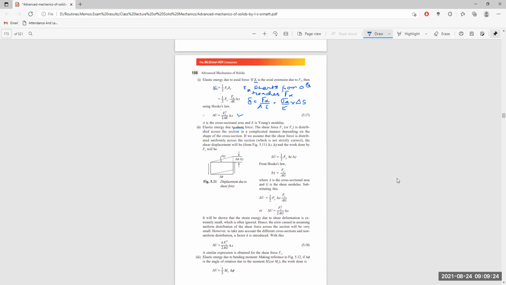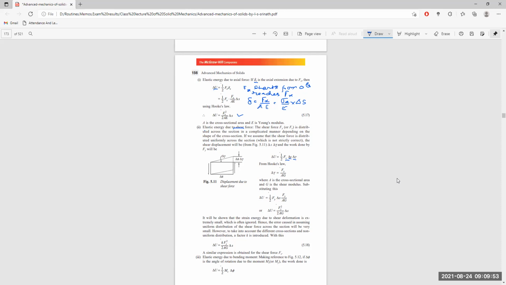The work done is due to the action of shear forces here. The element increases in length to a certain extent, and also makes an angle to a certain extent due to the shear force. So that will be the shear force Fy.